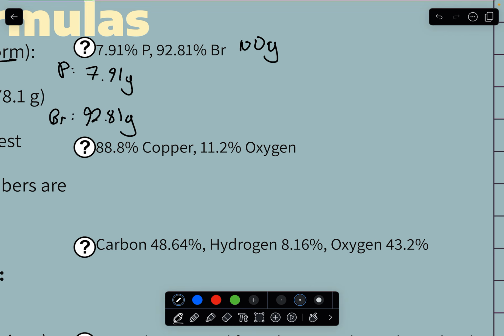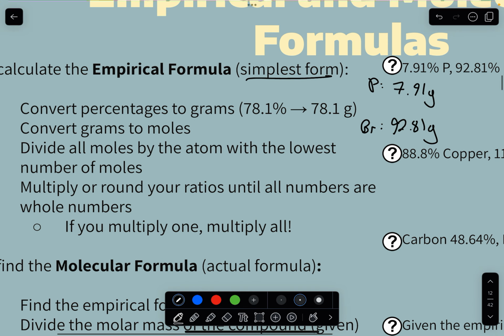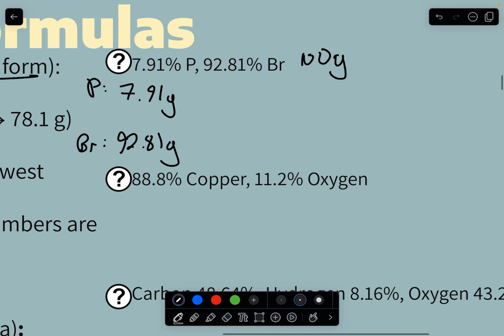Okay. Step 2, right, if we go back here on the left, step 2 is we're going to convert our grams to moles. Remember, to go from grams to moles, you're going to divide by the molar mass. The molar mass for phosphorus on your periodic table, number 15, is 30.97. And the molar mass for bromine, number 35 on your periodic table, is 79.90.